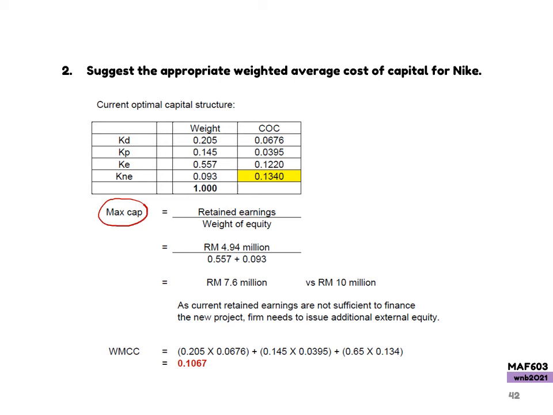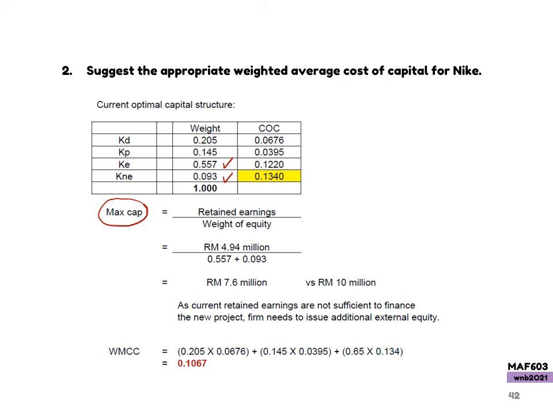Okay, retained earnings ada sebanyak 4.94 million. Divide by weight of equity. Okay, weight of equity financing kat sini untuk equity ada 0.557 plus dengan 0.093. I dah cari dia punya weight of financing.